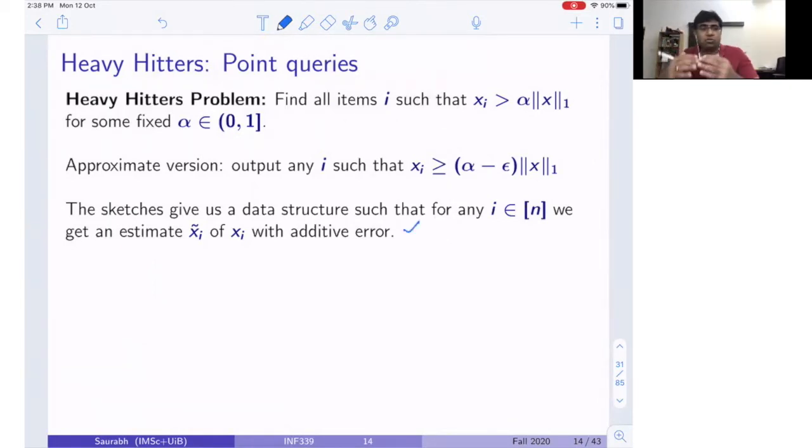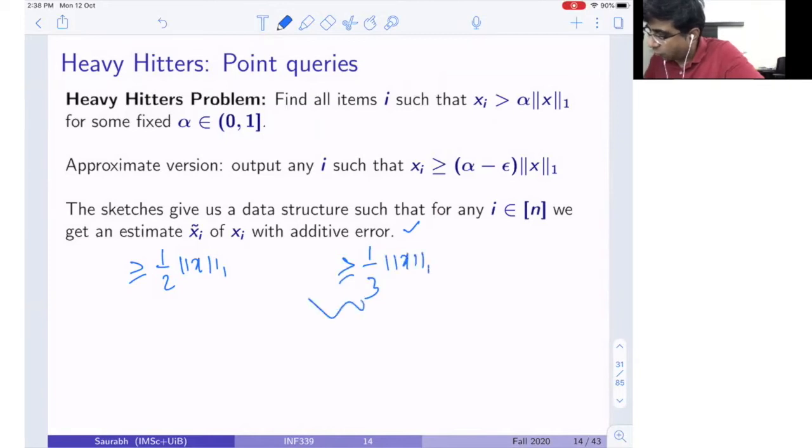So if I want to compensate for that additive error, I ask you to output elements which are slightly lower. Suppose you wanted all the elements which had frequency at least alpha times the norm of x 1. If I ask you to give me all the elements with slightly less, definitely you will output all the elements which had the full frequency.